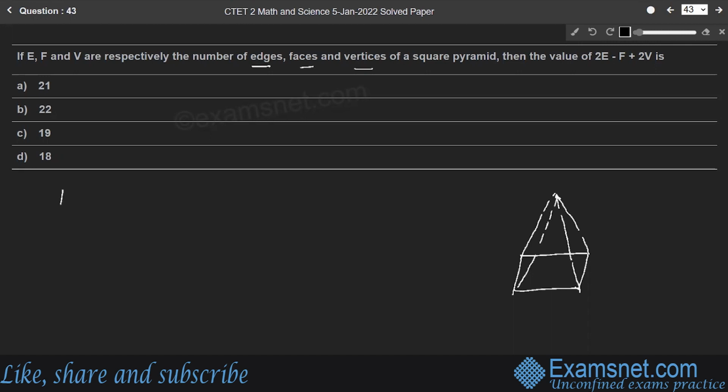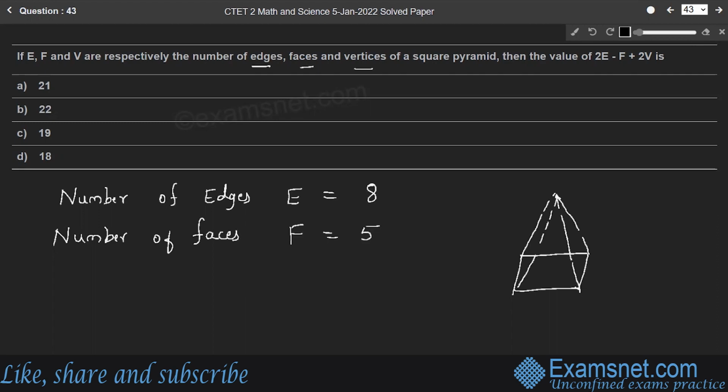Here, number of edges E is equal to 1, 2, 3, 4 of triangles and 1, 2, 3, 4 of the square base. Therefore, it is 8 edges. Number of faces F is equal to 5, 4 plus 1. 4 congruent triangles and 1 square, that is 5 faces.